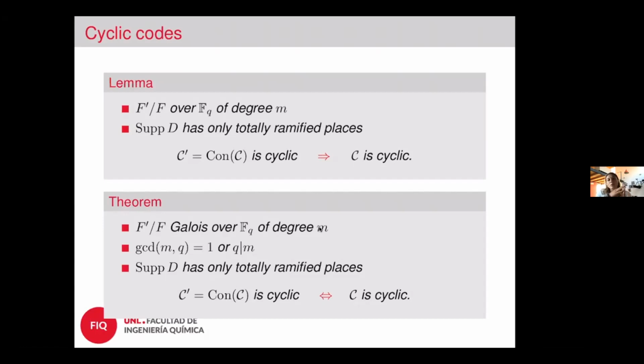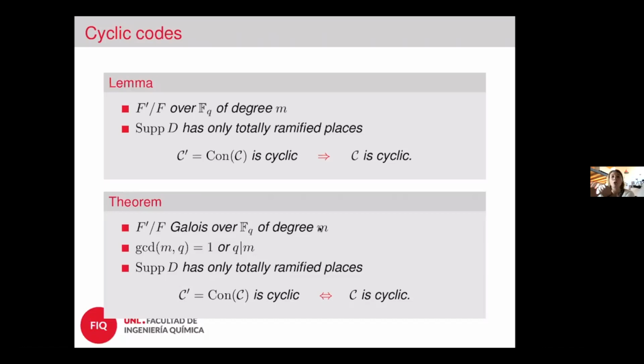So in the case that we are using Galois extensions with totally ramified places in the support of D, and this hypothesis on the degree of the extensions, we are getting a different representation in a higher genus of the same code.